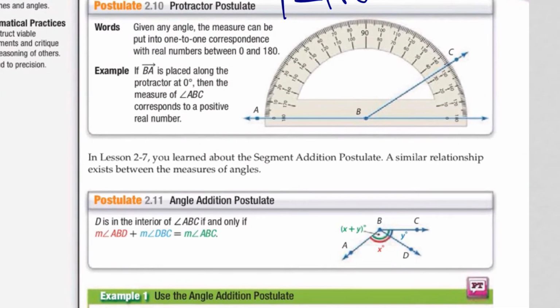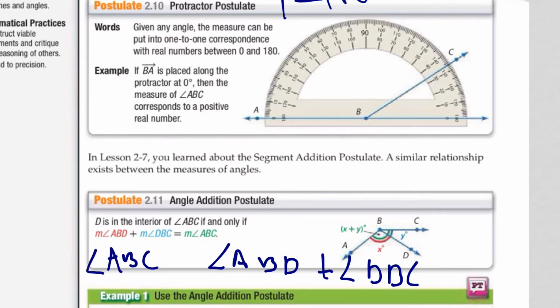Now, in lesson 2-7, we learned about the segment addition postulate, right? It's saying that if I have one piece plus another piece together, I get a whole piece. Well, the same thing works for an angle. If I have one small angle plus another little angle, I get one big angle. So right there, if I say angle ABD plus angle DBC, I end up getting angle ABC, which is what they're telling us right here.